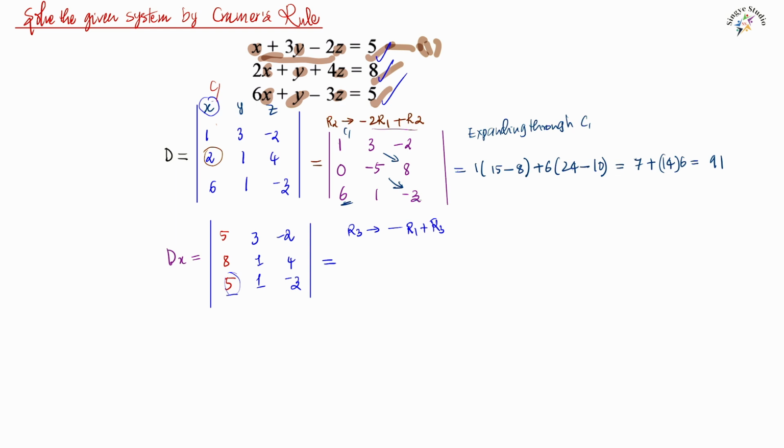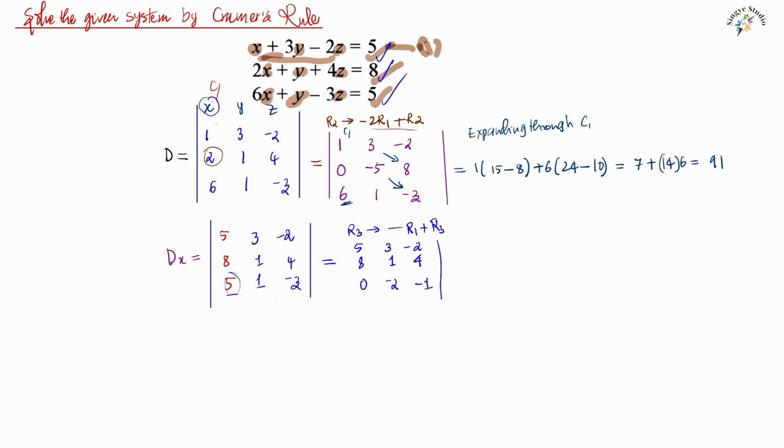So by doing this, what I will get is my determinant will be 5, 3, -2, 8, 1, 4. 5 minus of 5 is 0. Then here negative 3 plus 1 is negative 2, and negative times negative is positive, times 2 minus 3 is negative 1.